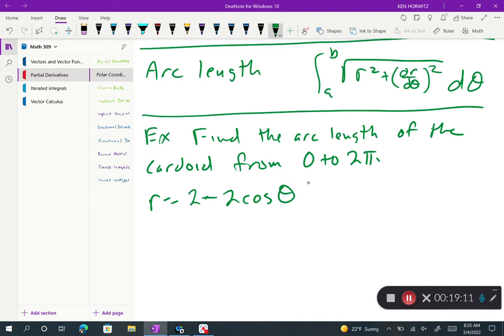Now, for this one, you don't necessarily need to graph, all right? Because right in the problem, I'm giving you your limits of integration from 0 to 2 pi, all right?